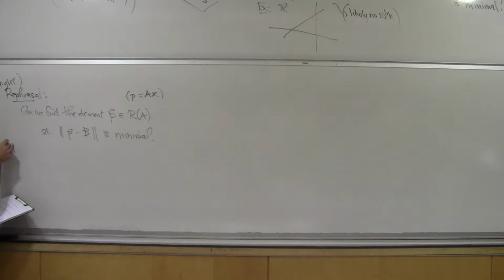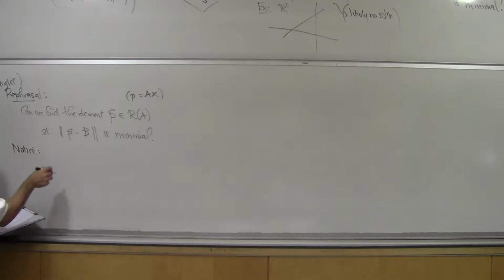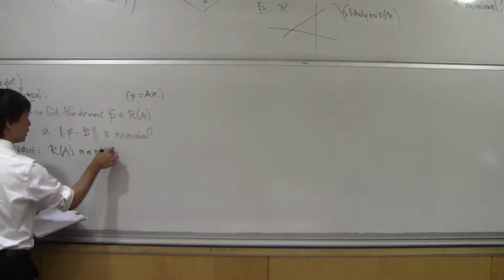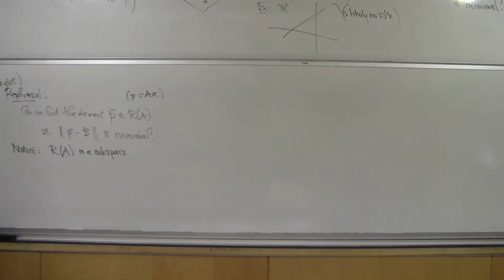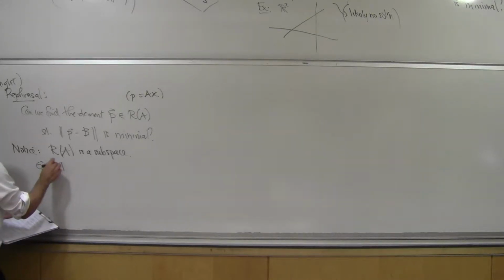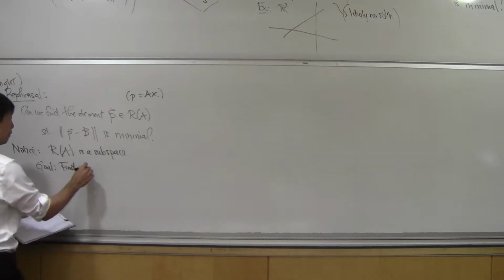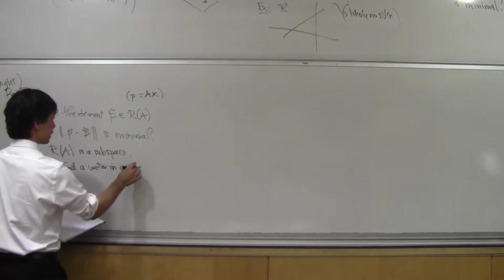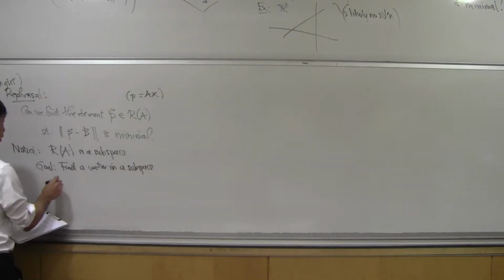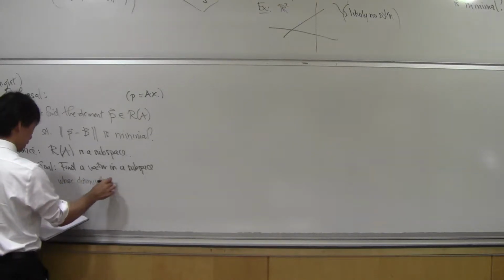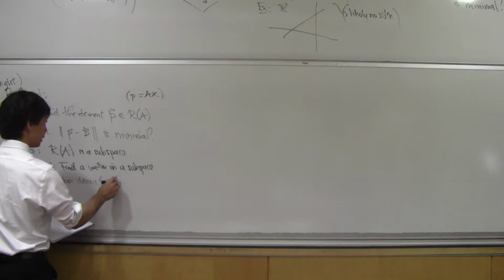So notice, the range of A is a subspace. The range of A is a subspace, and so our goal then is to find a vector in a subspace whose distance from b is minimal.